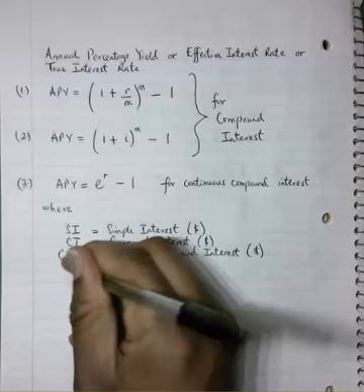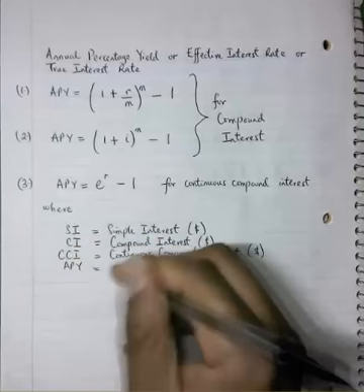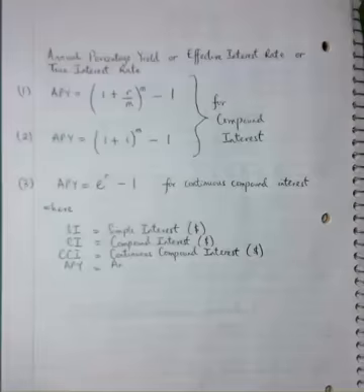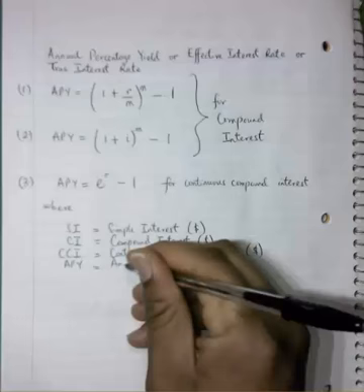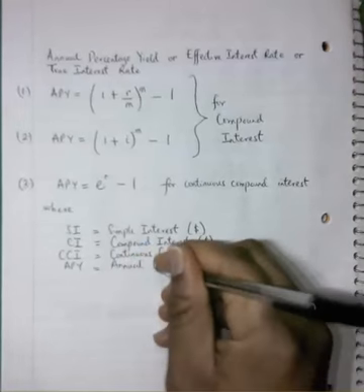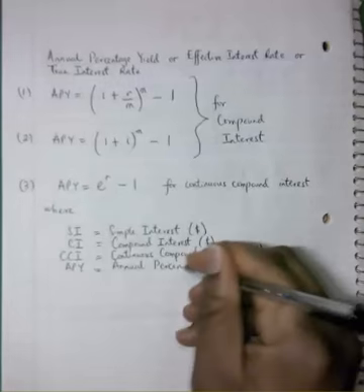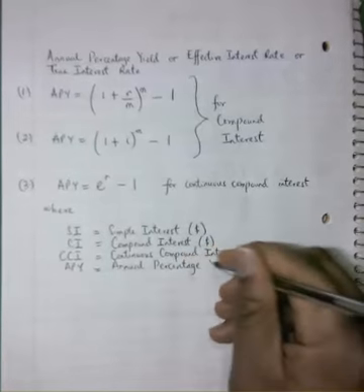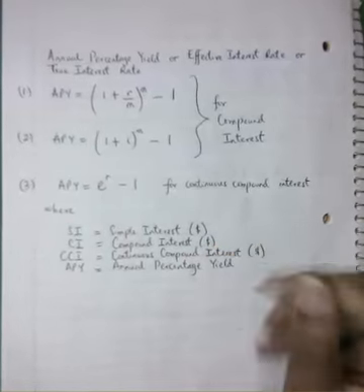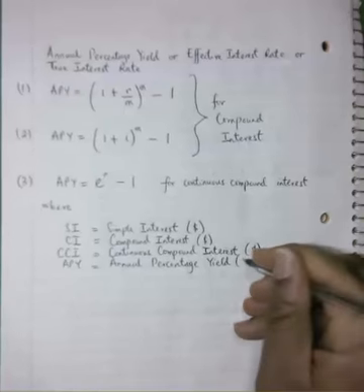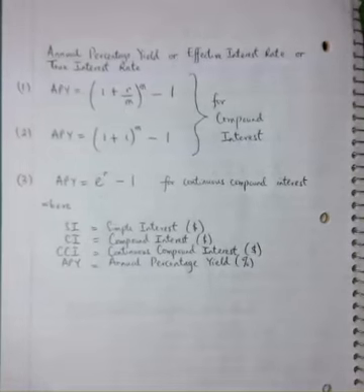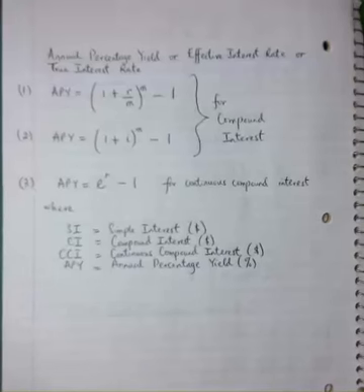APY, we have it as annual percentage yield, and this is in percent. This is a rate, an interest rate, so it's in percent.